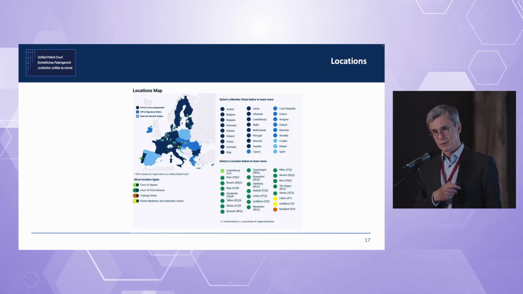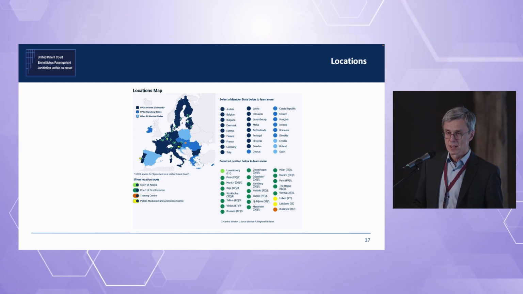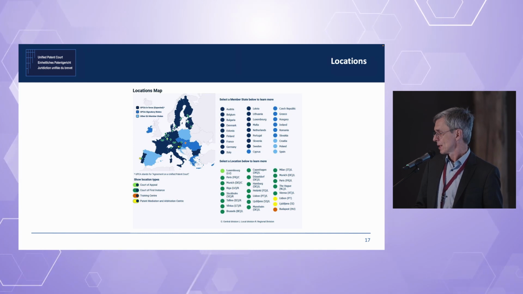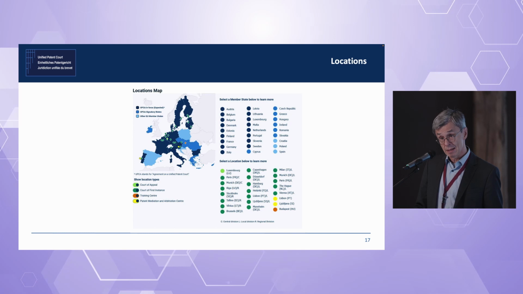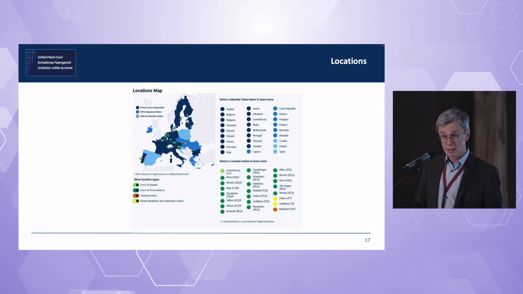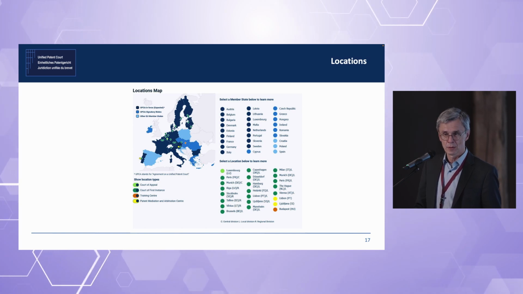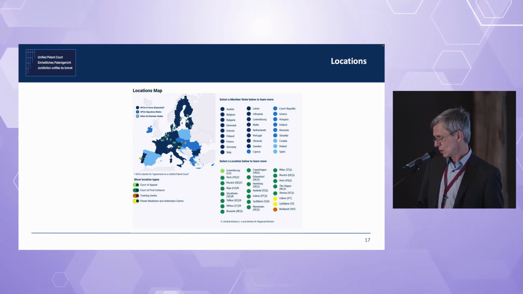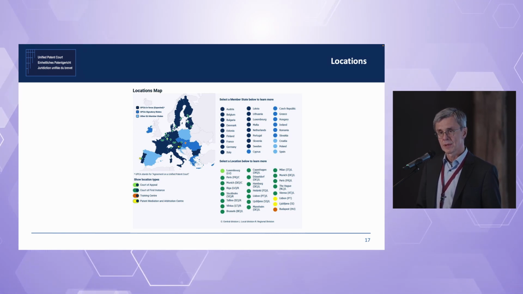Okay, here you see now the full picture of Europe. You see different blues. The dark blues are the contracting member states. You see the lighter blues. These are the member states that have signed the agreement, but have not yet ratified. And if you ask me who is going to be the next to ratify from those who have signed, I would think it would be Ireland.